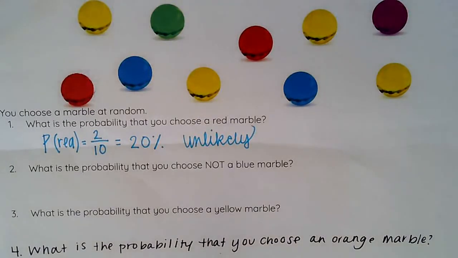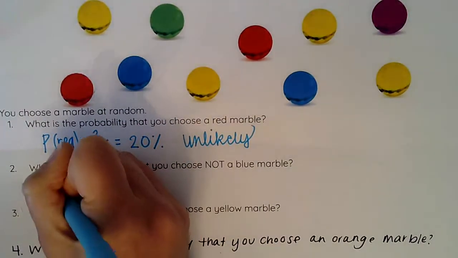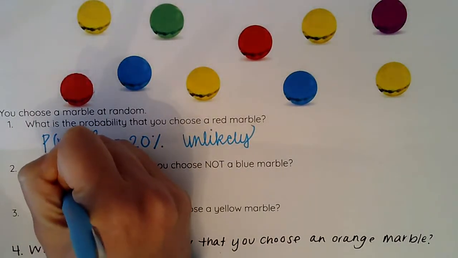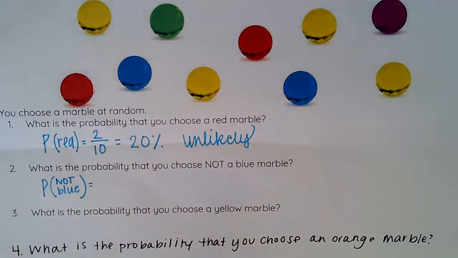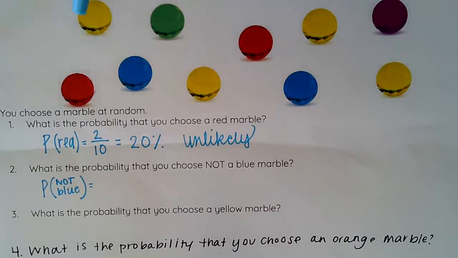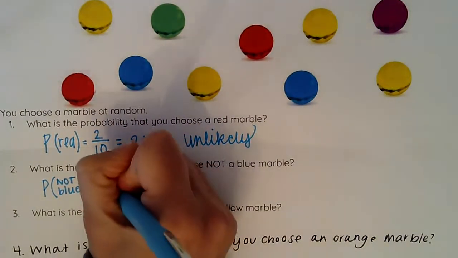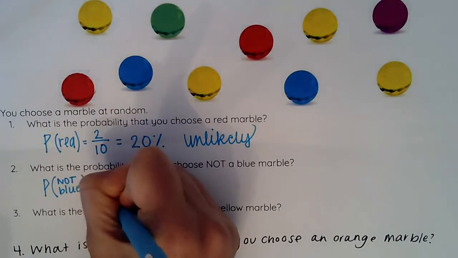All right, let's look at the second one. It says, what probability that you choose not a blue? So I will write my P for probability. Again, I write and set up my formula every single time. Not blue. Okay, so I have to look and I have to count which ones are not blue here. So I've got 1, 2, 3, 4, 5, 6, 7, 8 favorable outcomes. 8 are not blue, and my total possible outcomes is still 10.